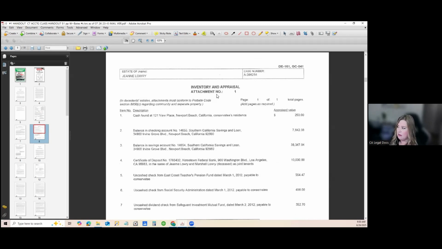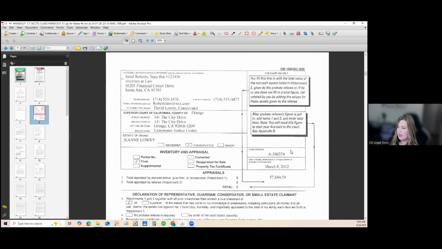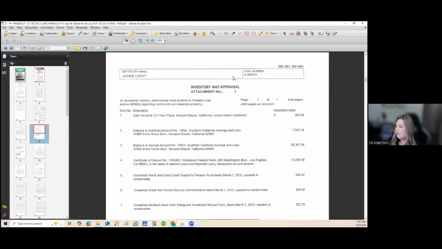Attachment 1, you should always have an attachment 1. Even if you have no cash assets, I will put the word zero in here. I see it sometimes where people put 0.00 if there are no cash assets, but I like to write the word zero here, completely up to whoever is completing the form.